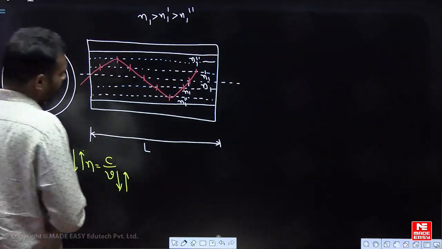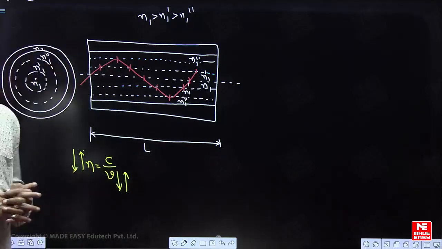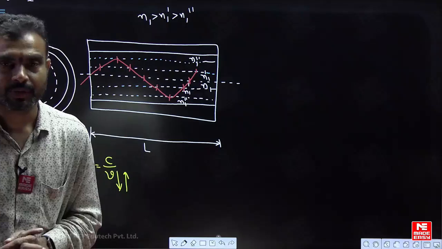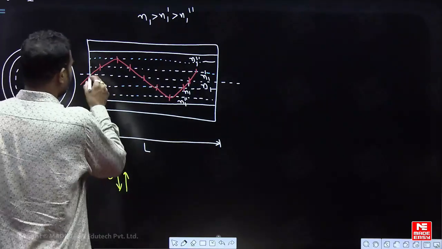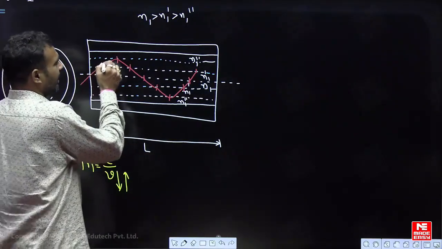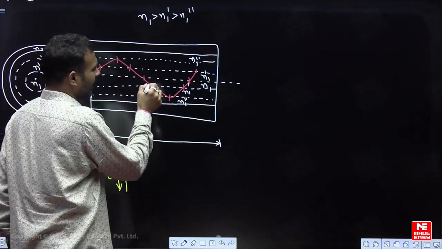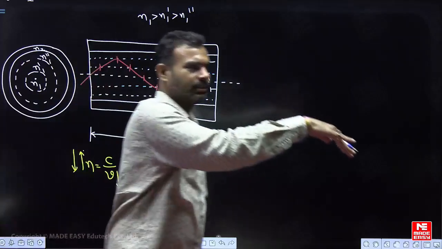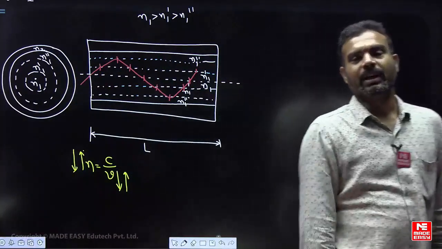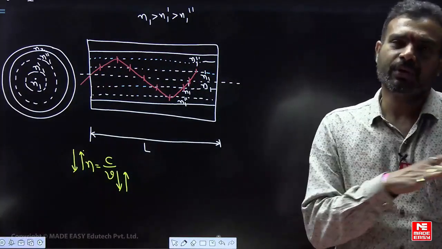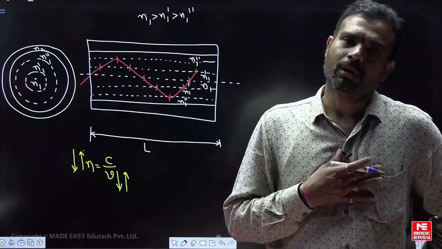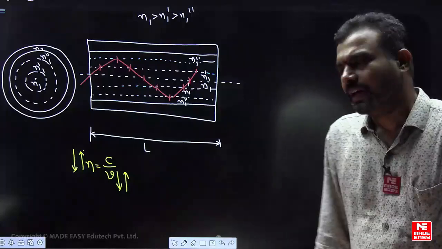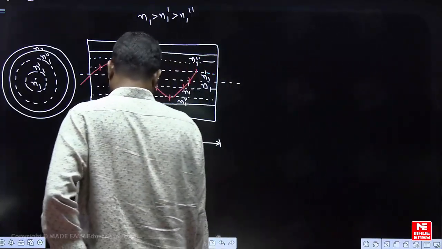Traveling slowly at the center and fast at the edges is maintained by the gradient index fiber, so the light travels with almost uniform velocity. Why? If you move with low velocity, then fast velocity, again low and again fast, and you take the average of all the velocities, you get almost constant velocity.